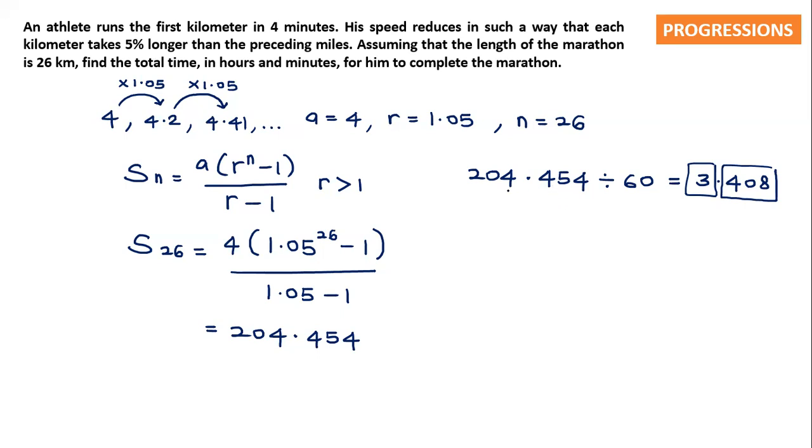So you take out 3 separately, then take 0.408, because 3 is already taken out, and multiply by 60. You're going to get 24, just give a round figure, 24. Now the answer is here. Your answer is 3 hours and 24 minutes.